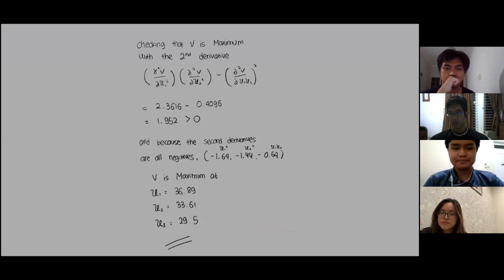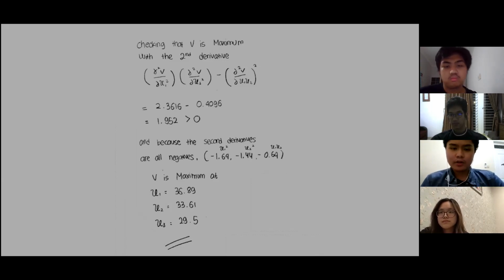The second derivative with respect to x1 times the second derivative with respect to x2, minus the partial derivative with respect to x1 and x2. And we got the value of 1.952, which is bigger than 0.